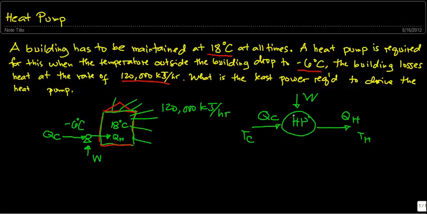From the first law of thermodynamics, for this system, we can have delta U. Assuming nga flow or non-flow lang ni siya, meaning work supplied to this heat pump, it takes in QC and QH leaves the heat pump.